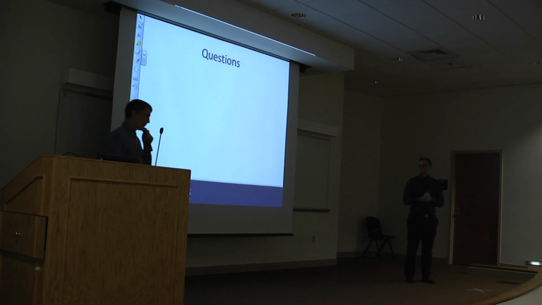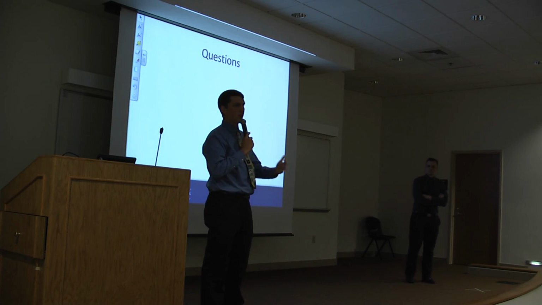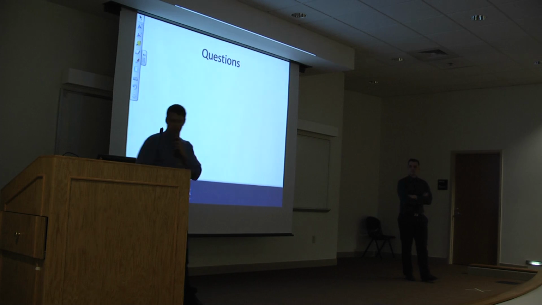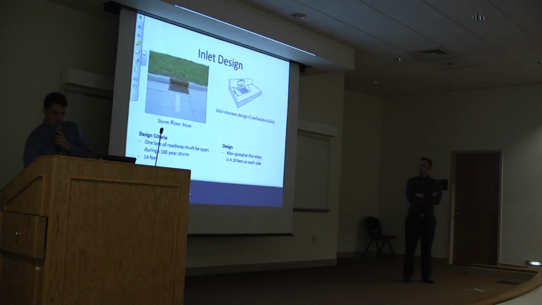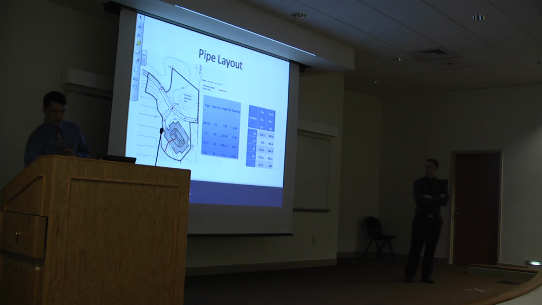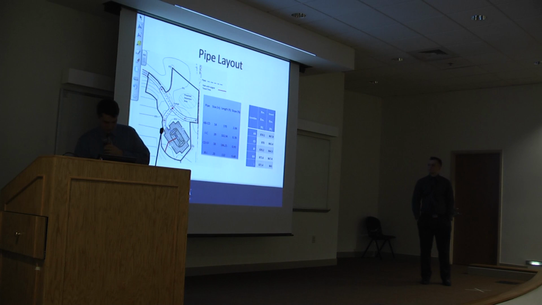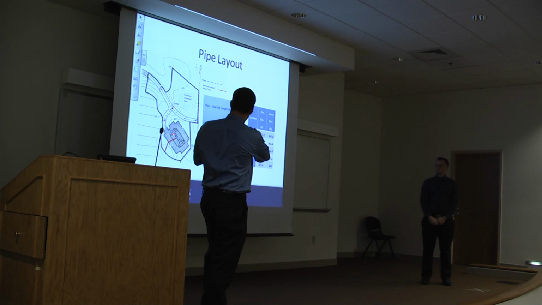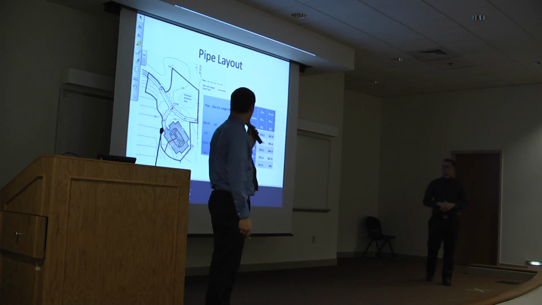Kind of took that slide out, but we designed the parking lot to have pervious pavement in the center. I'll show the picture of the parking lot here real quick. The bubble here in the parking lot is outlining the pervious pavement that we had designed.